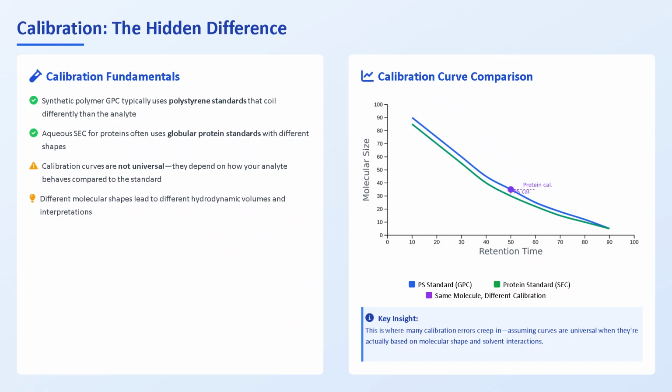Even if two molecules have the same molecular weight, their shape is different, and that changes their hydrodynamic volume and retention time. This means calibration curves are not universal. They depend on how your analyte behaves in the solvent system. Using the wrong standards can give you completely misleading molecular weight data.